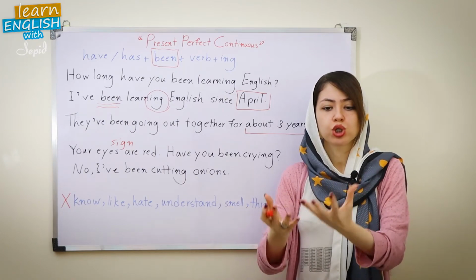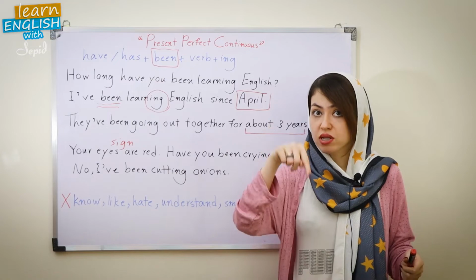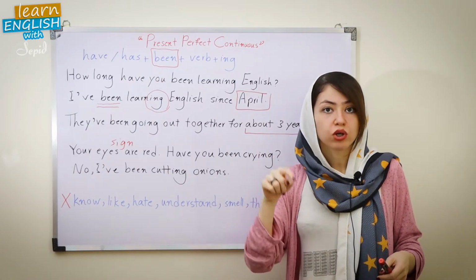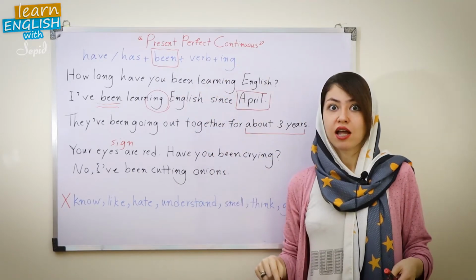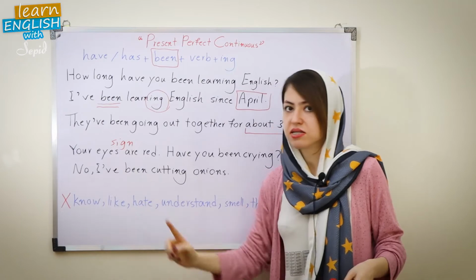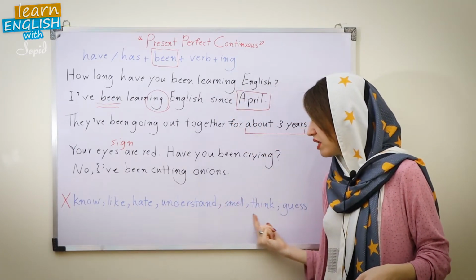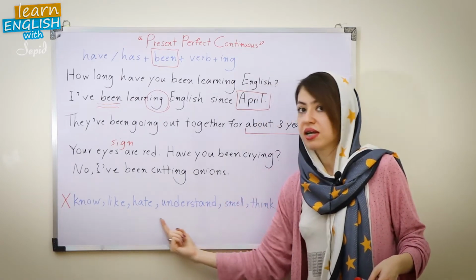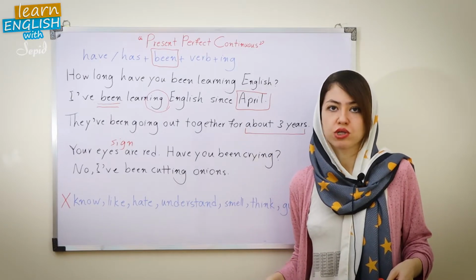If you want to talk about the result, use simple present perfect. If you want to talk about the action, based on a sign, you would use present perfect continuous.